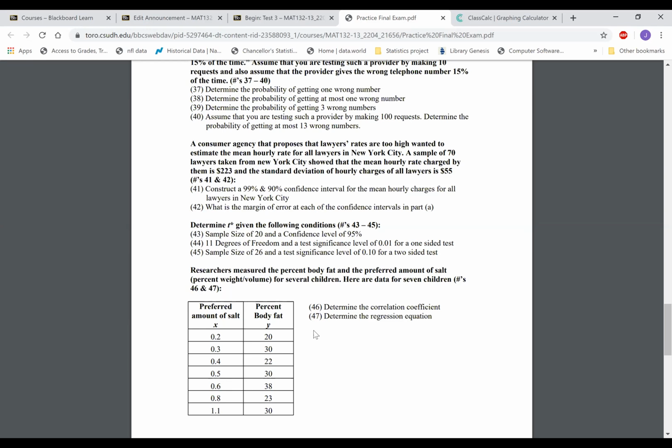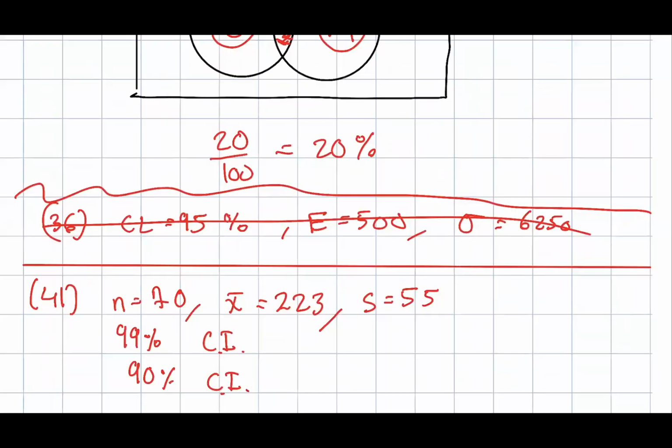All right, so let me go ahead and transfer over to my notes. Right here, I have n equal to 70, sample mean equal to 223, sample standard deviation of 55.